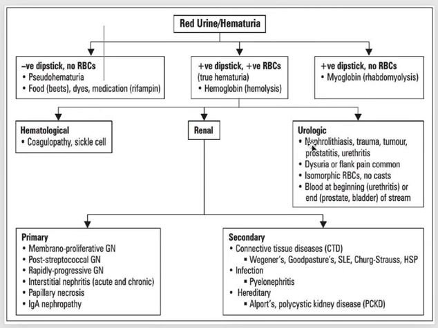Any tumor, infection, trauma, or inflammation at these places can lead to bleeding. And see this one, stones can damage the urinary tract: nephrolithiasis, trauma, tumor, prostatitis, urethritis, and dysuria or flank pain is common.